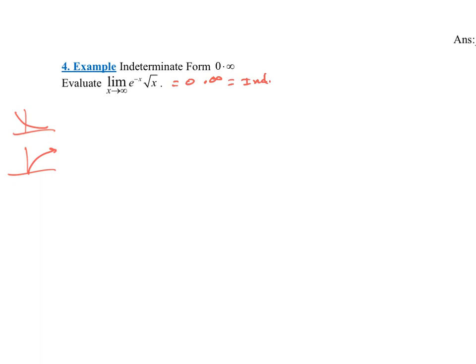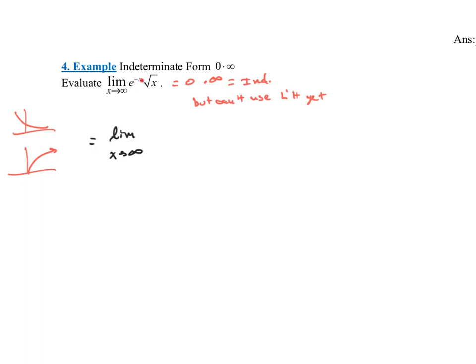So what do we have to do? Well, because it's in this format, we can't use L'Hopital's rule yet. Why can't we use L'Hopital's rule yet? Because it's not written properly. Remember, L'Hopital's rule only works in the cases where you have 0 over 0 or infinity over infinity, positive or negative. So what we have to do is rewrite this so it gives us the form of L'Hopital's rule. So let's look at the limit as x approaches infinity of, well, how could I rewrite this?